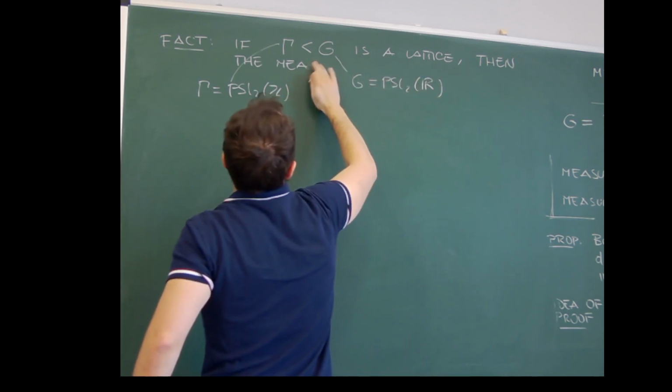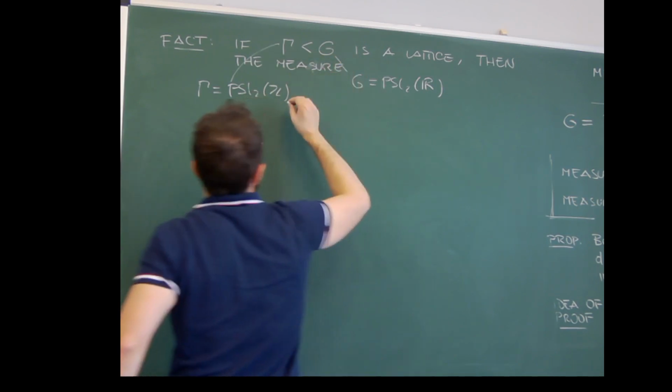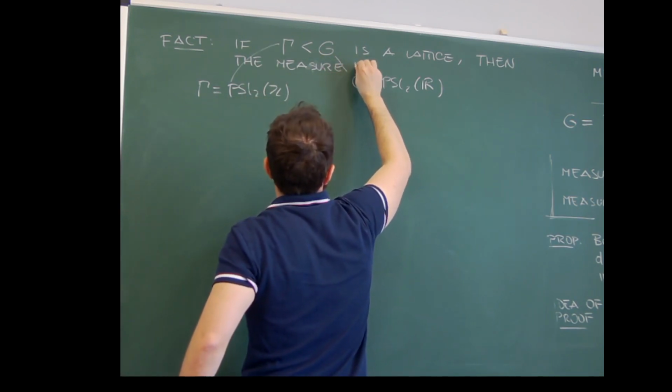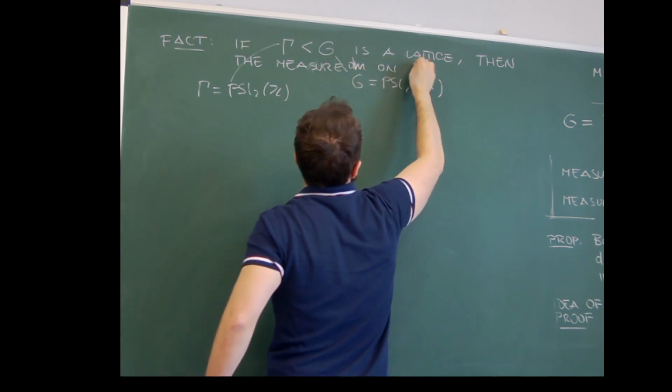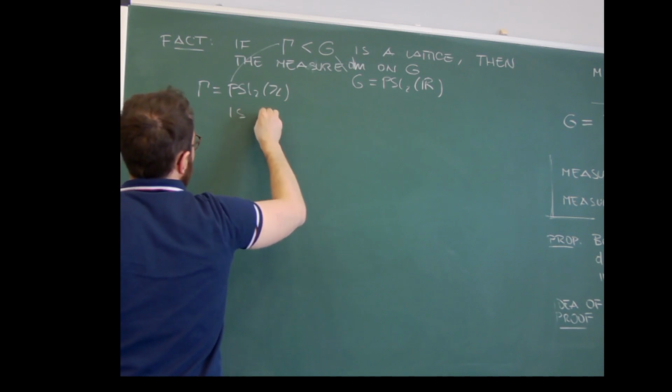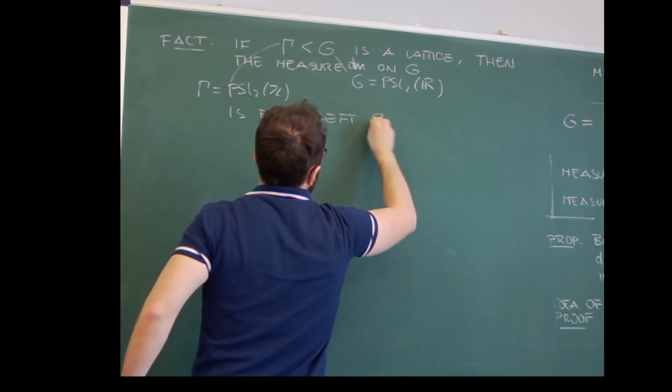Then the measure dm on G is both left and right invariant.